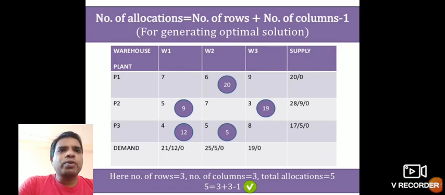See here, the number of allocations are 1, 2, 3, 4, 5. Number of rows are 3 and number of columns are 3, so 3 plus 3 minus 1, 6 minus 1, 5. Number of allocations are 5 and here it is equal.